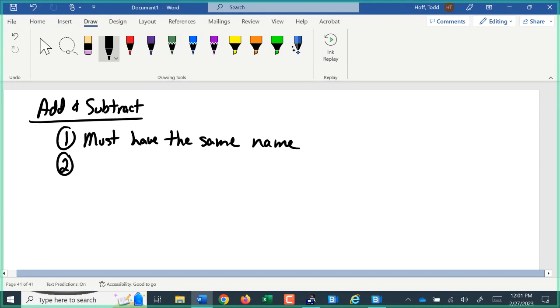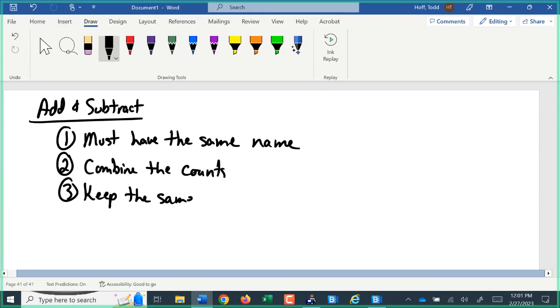And then from there, once we had the same name, we combine the counts, and then we keep the same name. So having the same name: for fractions, that meant having a common denominator. For decimals, it meant lining up the decimal points and lining up all the place values. For whole numbers, it meant lining up the place values.